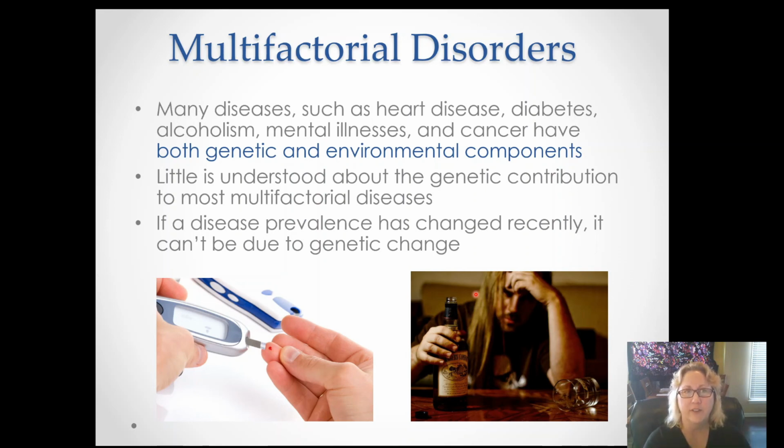And we can often see that when we look at families. We can see, oh yes, there's several members of the same family who have heart disease or who died of a heart attack below age 60.